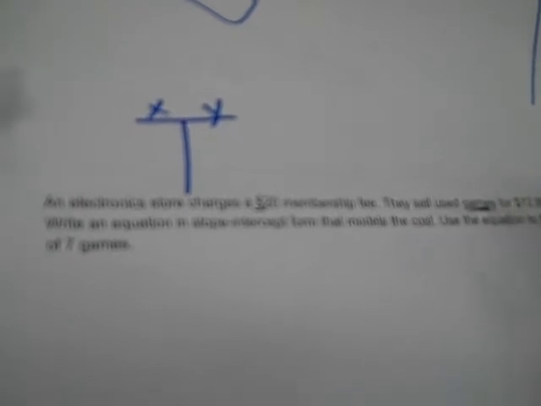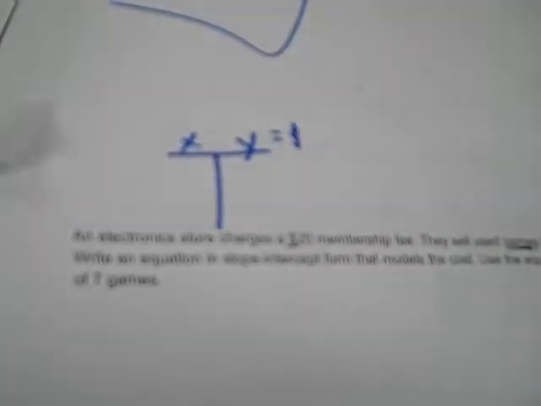Okay, now I don't have a time unit here to help me out, but I know x cannot be the money. The money is reserved for y, and then the x is games. So 0 games, that's the independent variable. Before they talk about games, you had to pay $20.